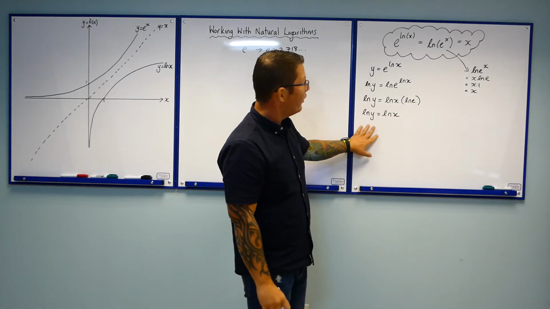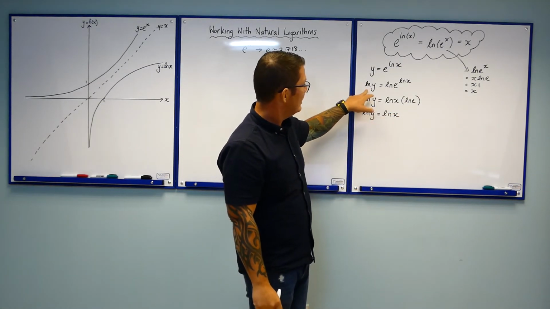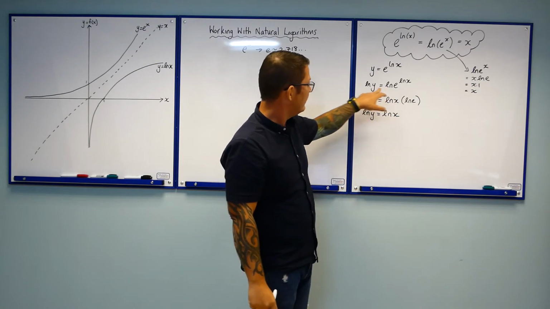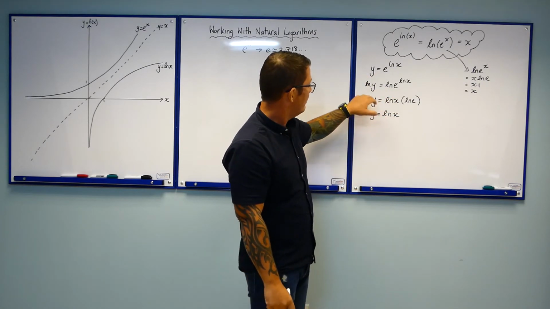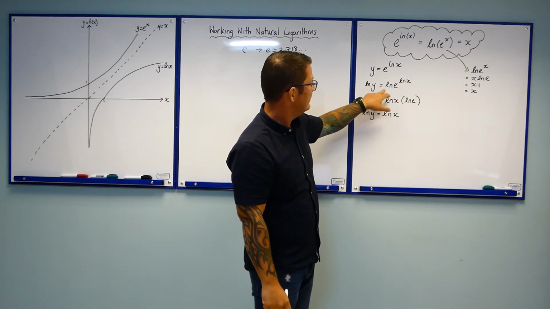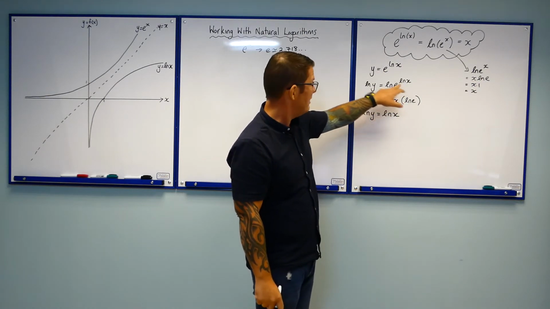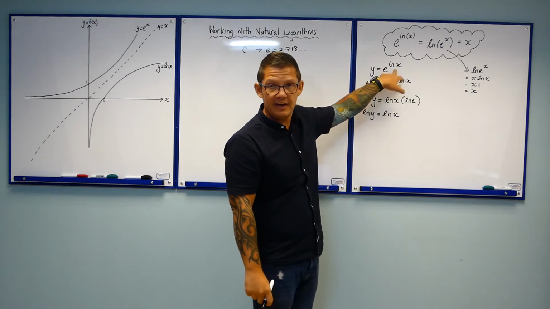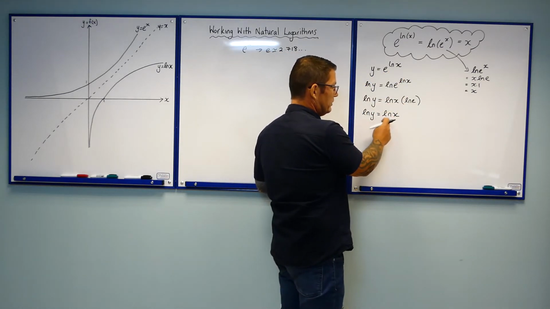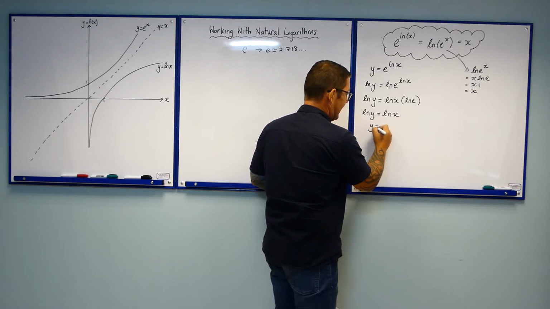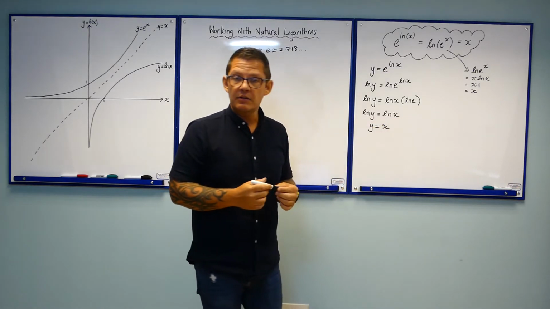As long as the logarithm is the same, when we come to take logs of both sides, we always take the same logarithm. If ln y is equal to ln x, then it must be the case that y is equal to x.